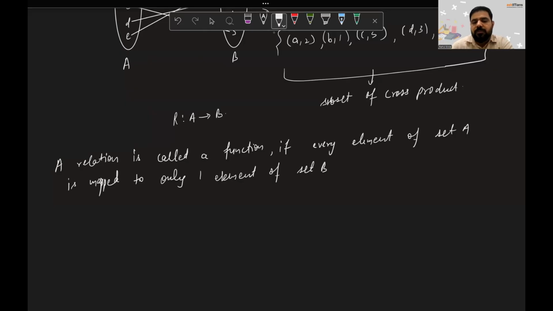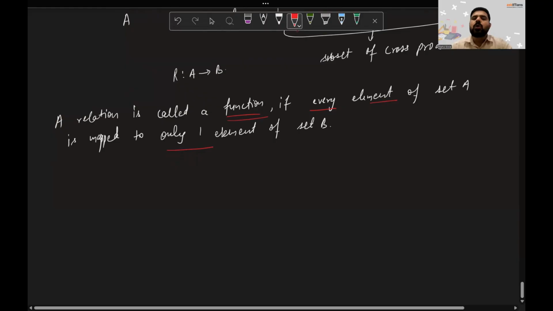The two important words in this definition are: every element of the first set has to be mapped, and only one, they have to be mapped with only one element of the second set. That is also very important for us. So this is the understanding. This kind of relation will be known as a function. Only this kind of relation will be called a function, not everything.